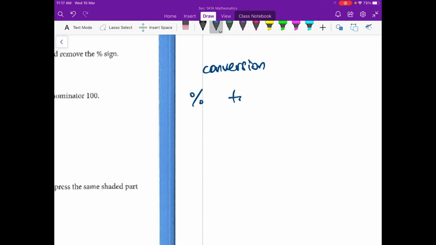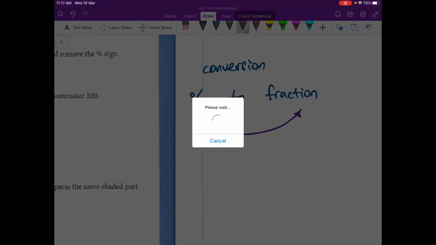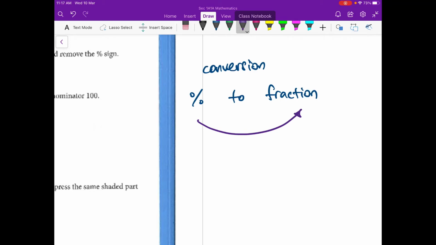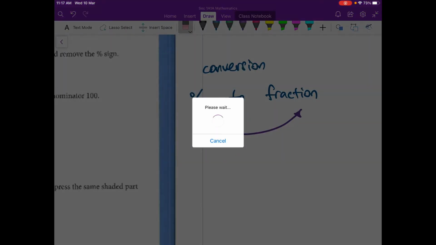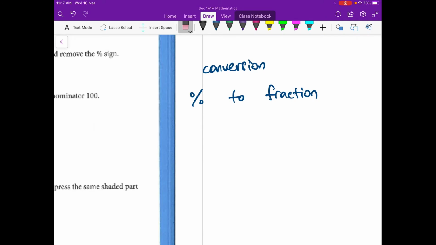Percent to fraction, all we need to do is actually just to divide by 100.